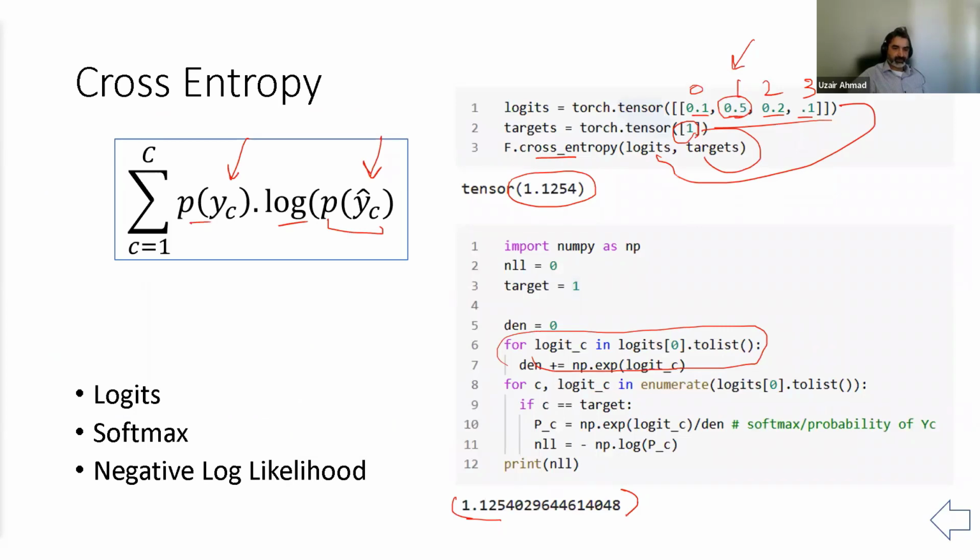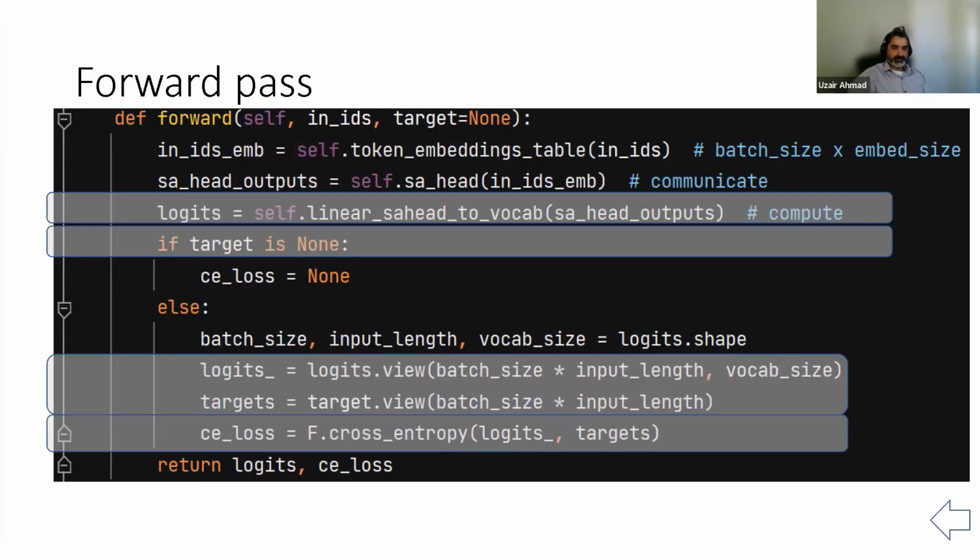We take the logits from the output of the linear SA head to vocabulary network, and then we want to compare them with targets, but PyTorch asks us to get rid of the batch dimension first. Put all logits in 2D instead of 3D. So what we do is merge the batch dimension into the input dimension by calling the view method.